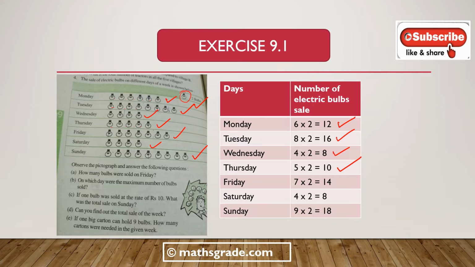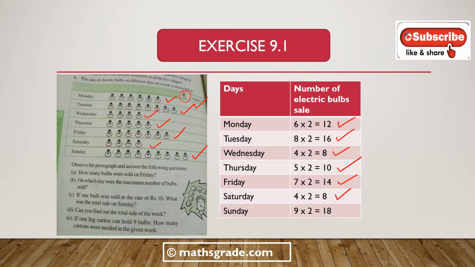On Friday there are 7 pictograph bulb images, and 1 pictograph image is 2 bulbs, so 7 multiplied by 2 is 14 bulbs sold on Friday. On Saturday there are 4 bulbs, so 4 multiplied by 2 is 8 bulbs sold on Saturday.